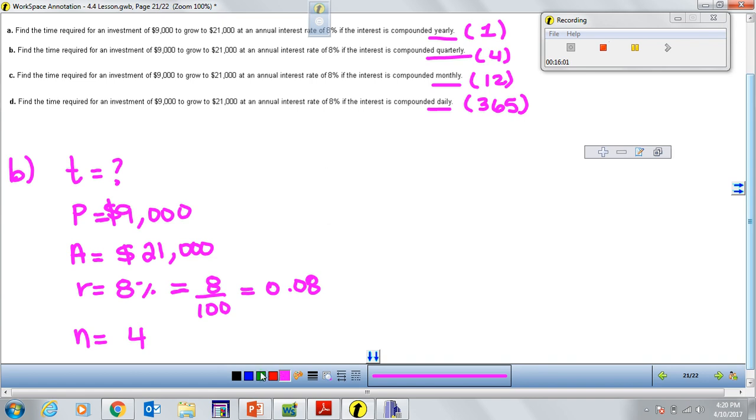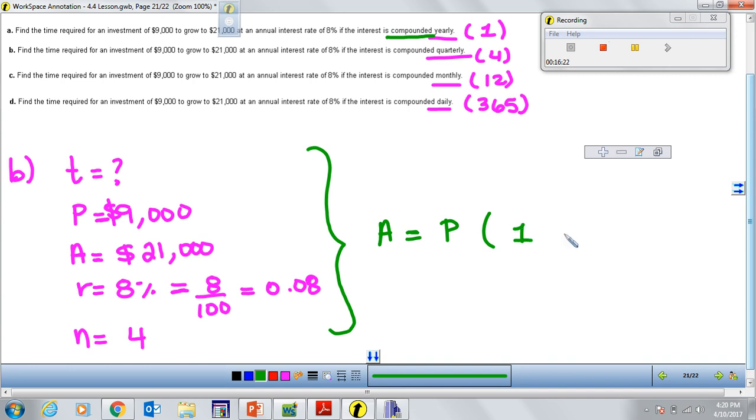So what's the formula that we're going to use with all this information? As soon as you read in the word problem, compounded, whatever else is the other word. As long as it doesn't say continuous, because the word continuous, compounded continuously, it's another formula. But for this one, this is the formula. Compounded daily, compounded quarterly, compounded whatever else, except that if you see the word continuous, it's a different formula.